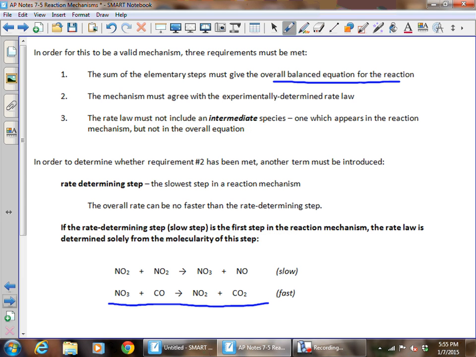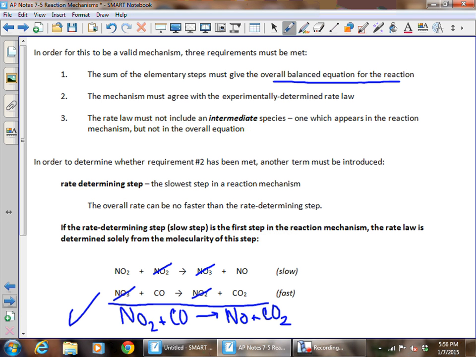Remember, we've done this before in Hess's law: if we have a substance on the right-hand side and the left-hand side of the reactions, we can cancel them. So the NO3s are going to cancel, and one of the NO2s is going to cancel. And when those cancel, we end up with NO2 plus CO yields NO plus CO2. So there's our overall reaction, and it does match. So that part is good.